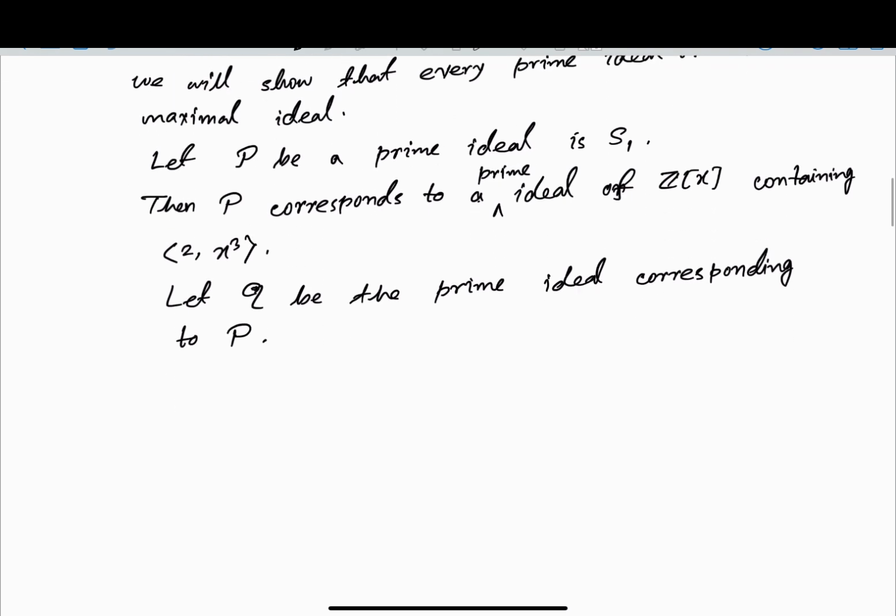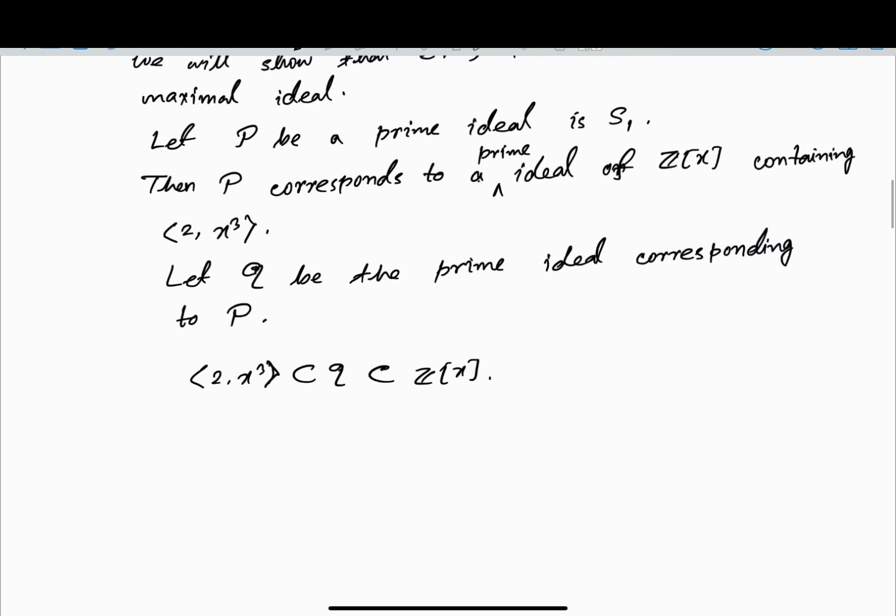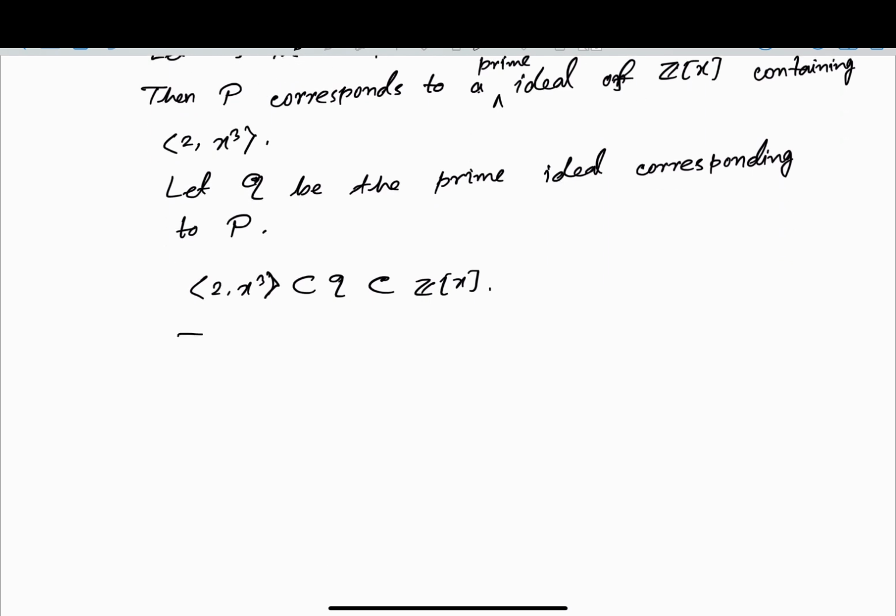So Q is an ideal containing (2, x cube). This is Q. This is Z[x]. So therefore, x cube belongs to Q, right?